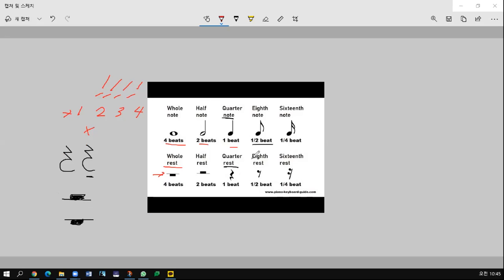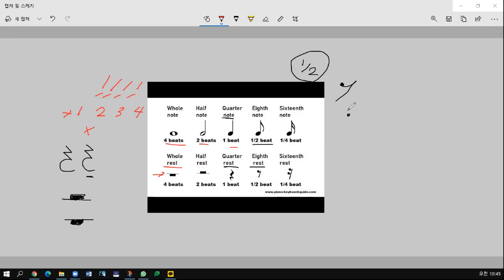And then the eighth rest is half the portion. It looks like one dot, and then going up a little bit and then going down.